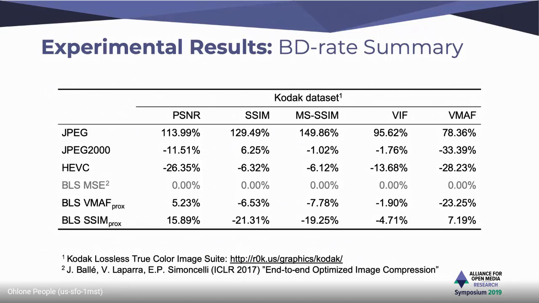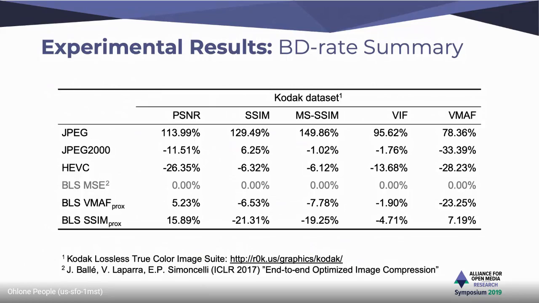And as you can see, the PSNR BD rate kind of dropped, but this is normal, because the original framework optimized for mean square error, so it should get the best PSNR result. We also tried to optimize for SSIM. This is just a demonstration of the generality of this framework.